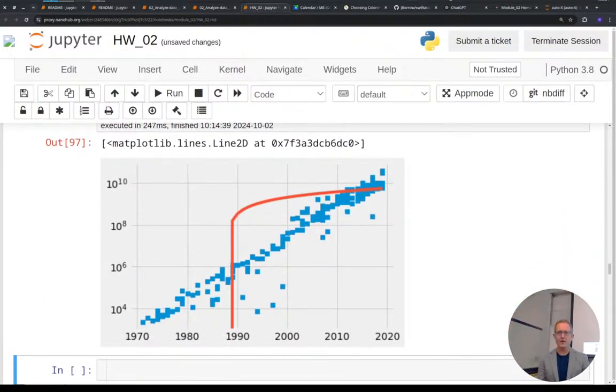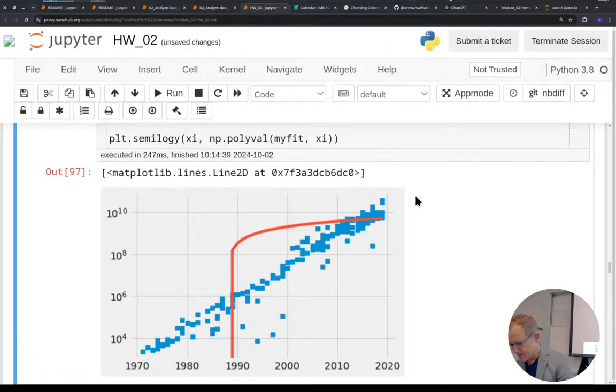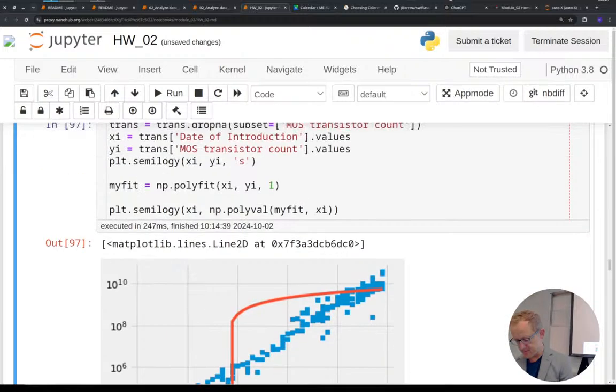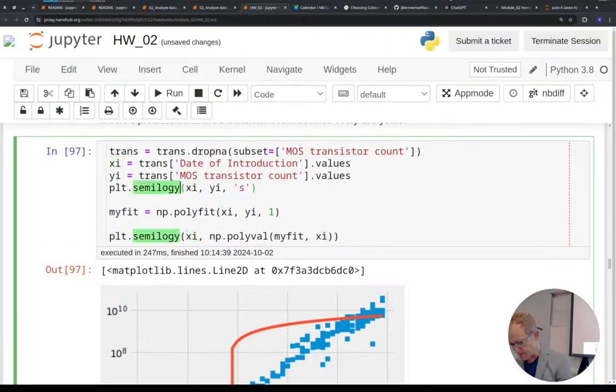And I end up with my straight line fit looks like this. Did anyone get a curve that kind of looks like that? Or not yet? It doesn't look like a straight line, right? Something's weird. So go back to, let's look at just the data. Because here I was plotting semi-log.